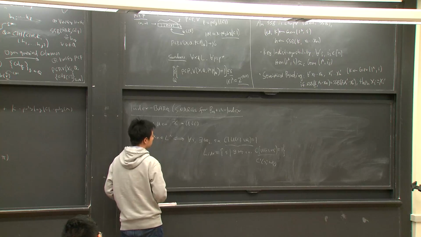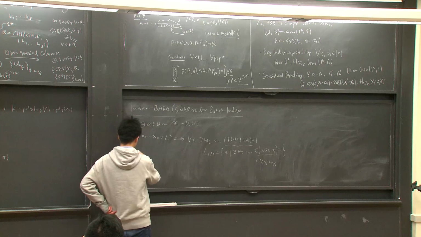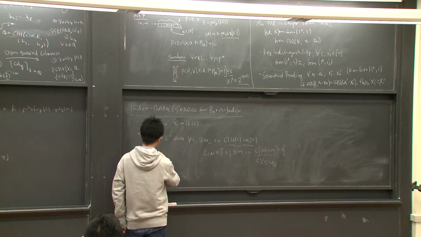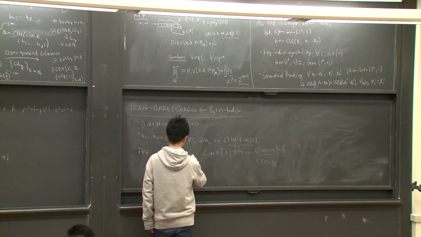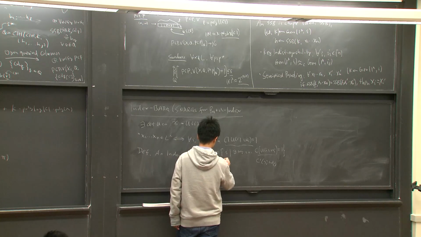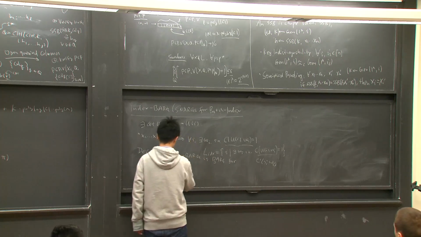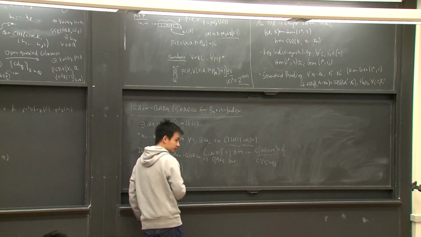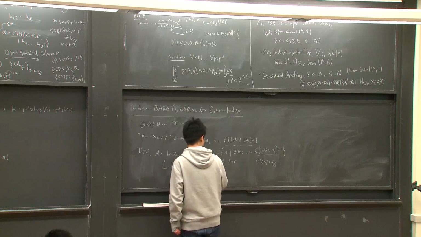This inspires us to define a new notion called index BARG. An index BARG is a BARG for this kind of relation, where the language is just some general NP language, but the instance is treated as an index.